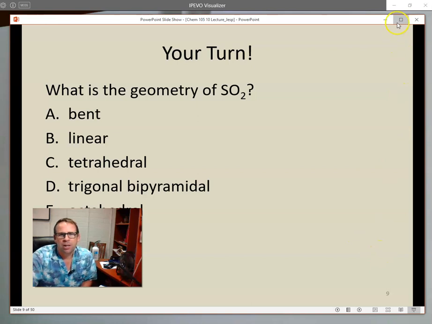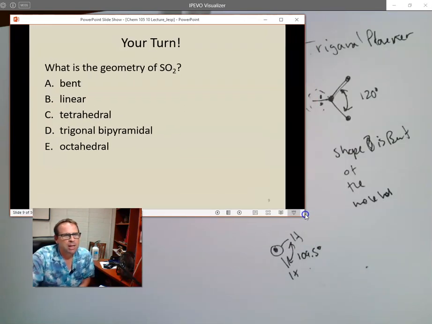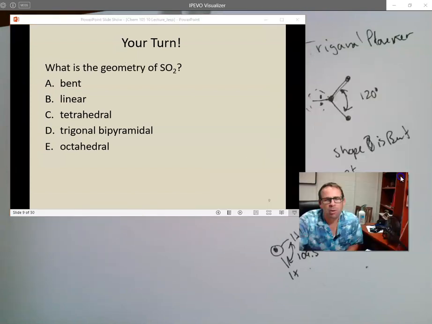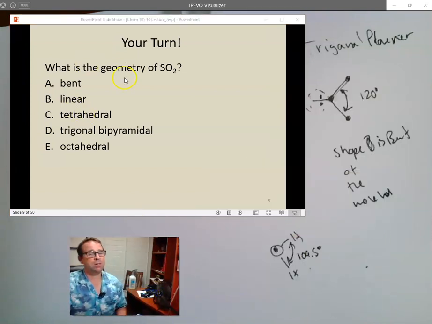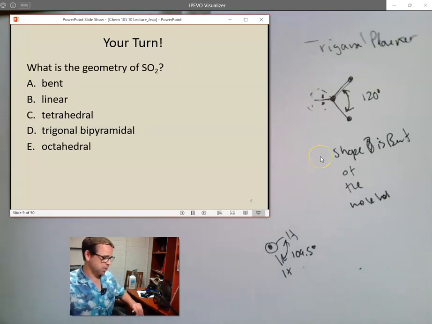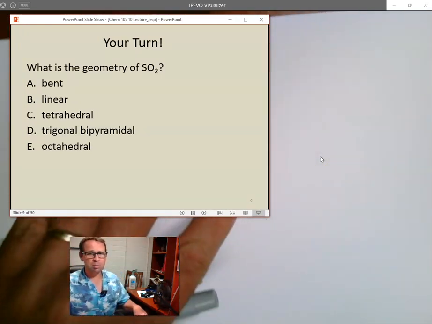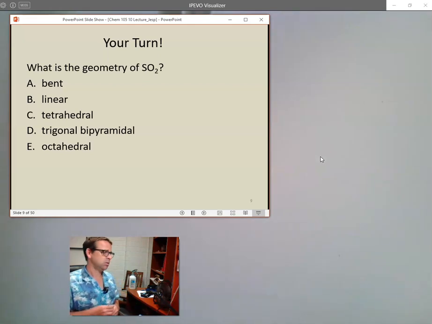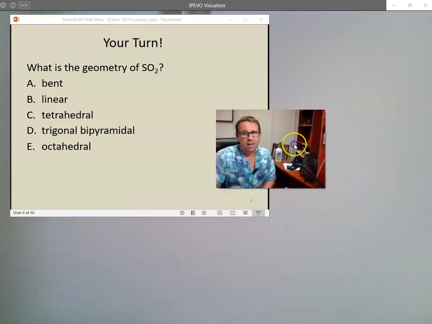All right, so what this information requires of us is to be able to answer this kind of question. What we're answering here is: what's the molecular geometry? So we want to know the molecular shape of SO2. Taewon, you want to help me with this one? We first need to draw SO2, right?